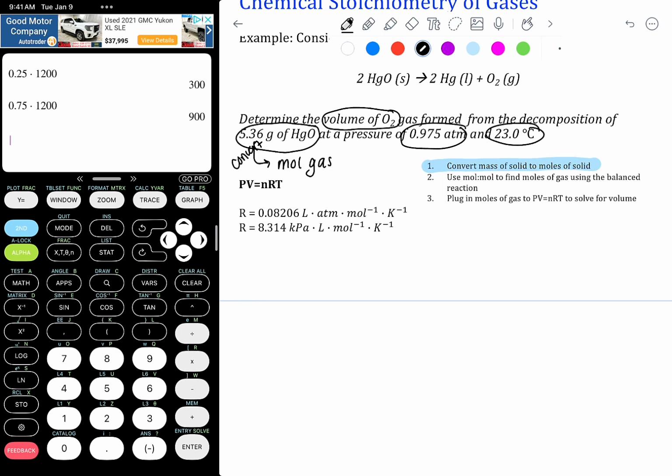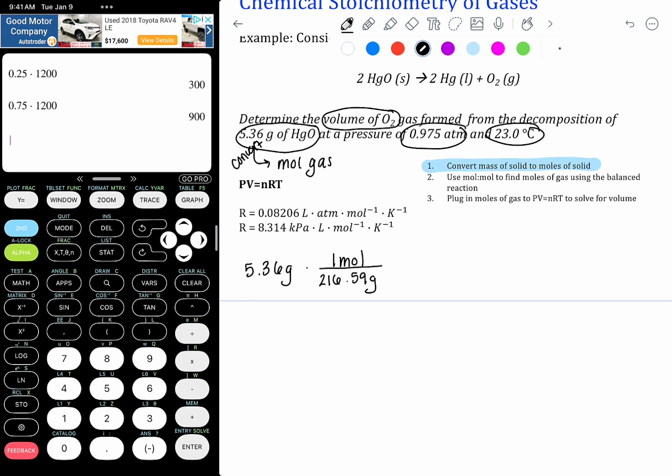So let's see, we have mass 5.36 grams, and we can use the molar mass of mercury oxide, which is 216.59 grams per 1 mole. We can find that from the periodic table, that molar mass.